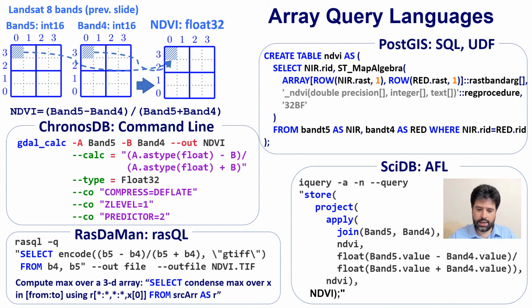Here, apply takes an array produced by the join operator, and the store operator materializes the resulting attribute extracted by the project operator. PostGIS provides a lot of functions called from pure SQL. PostGIS users work with a set of independent 2D tiles, not treated as a single array. Users must explicitly seek intersecting tiles and properly organize the computations, which is quite tricky. Here, a predefined UDF computes NDVI.